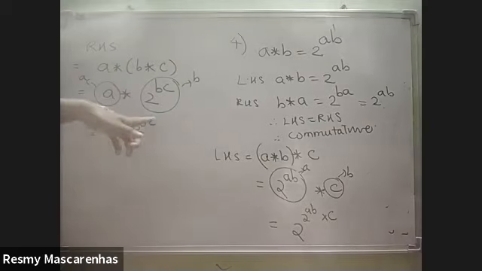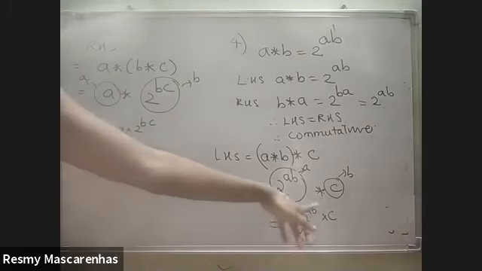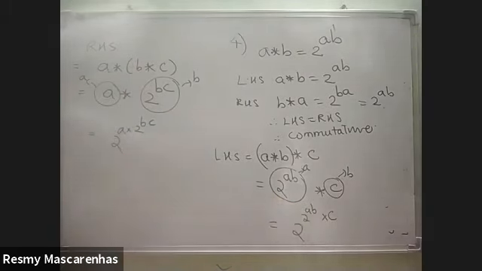Here 2 raised to bc is up and a is down. Here ab was up, c was down. Okay? So left hand side is not equal to right hand side. Therefore, not associative.